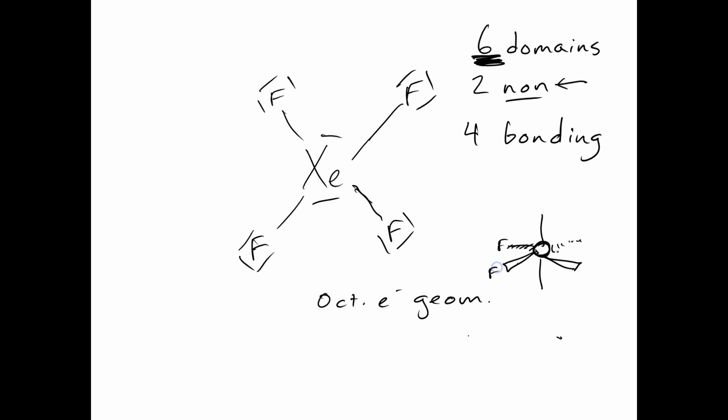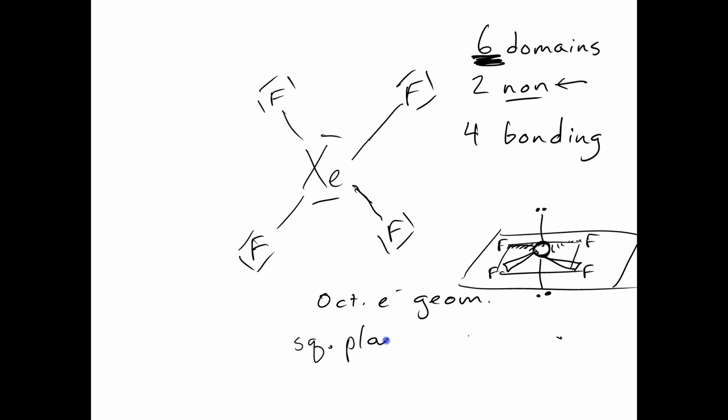Well, I can put these F's in, all 4, and the way I can get my lone pairs the furthest apart is by putting them on opposite sides. So what that leaves me with are 4 F atoms lying in the same plane, so they form a square if you connect them. So my molecular geometry is going to be square planar.